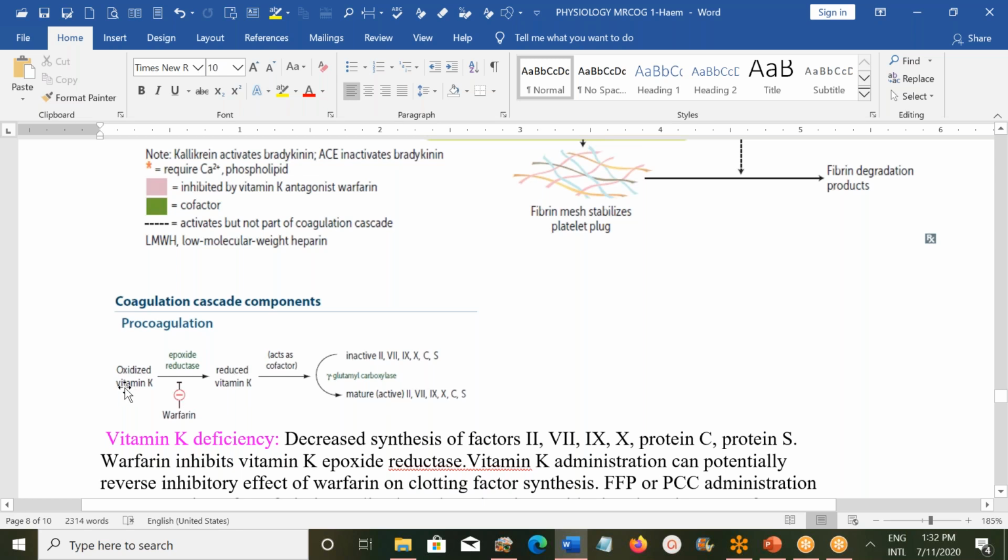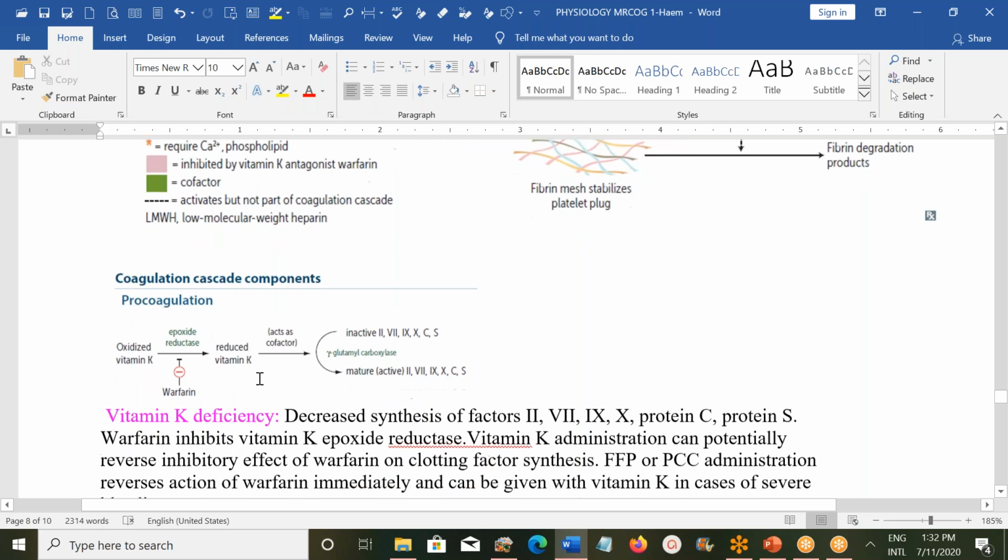Oxidized vitamin K will be there, but it will not change into the reduced form. With no reduced form, the carboxylase cannot act, so we will have inactive factors. This activation will not take place. That is the action of warfarin. But remember, warfarin is not directly inhibiting gamma glutamyl carboxylase, it is inhibiting epoxide reductase.